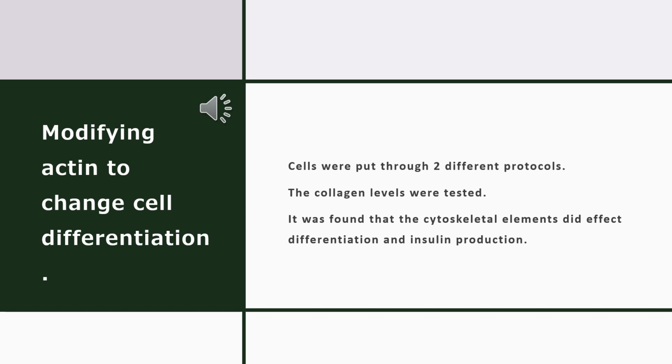And as such, we might be able to increase our productivity of insulin to a more natural level, depending on if that is one of the issues with our current methods of producing insulin-producing pancreatic cells from redifferentiation.